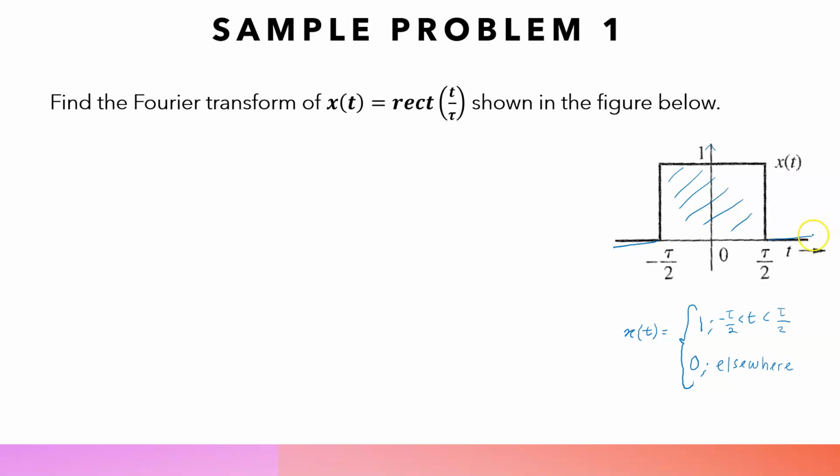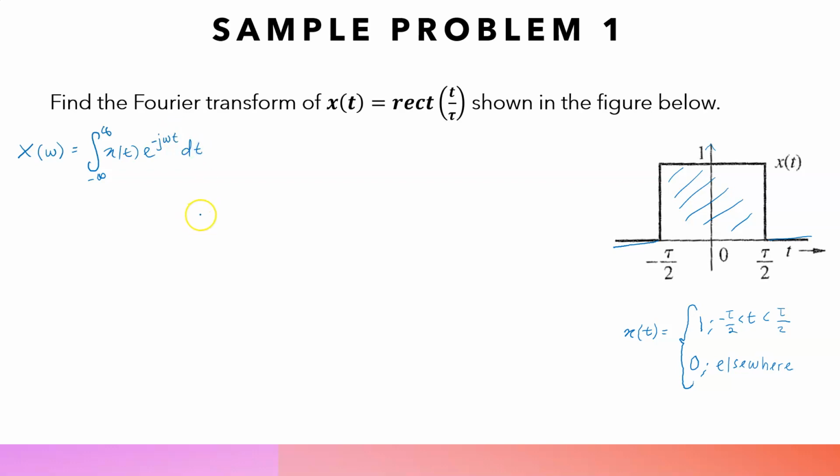Now that we have the mathematical definition of this signal, let's use the Fourier transform equation to determine the Fourier transform. We are given X of omega equals the integration from minus infinity to infinity of x of t e to the minus j omega t dt.